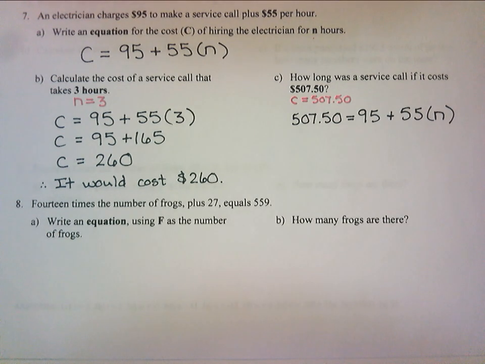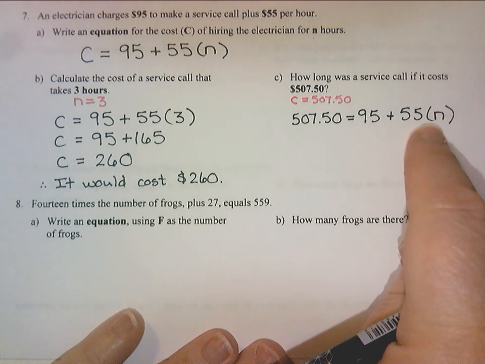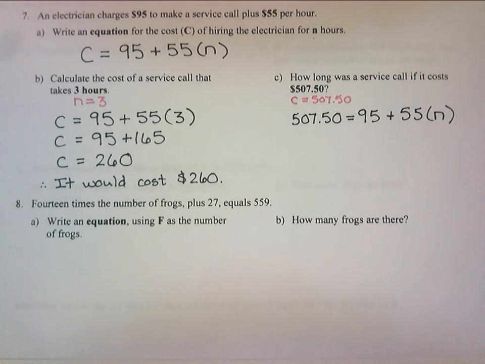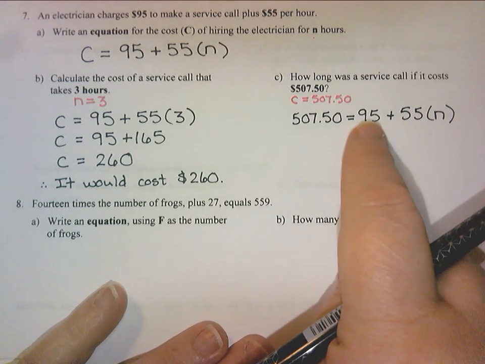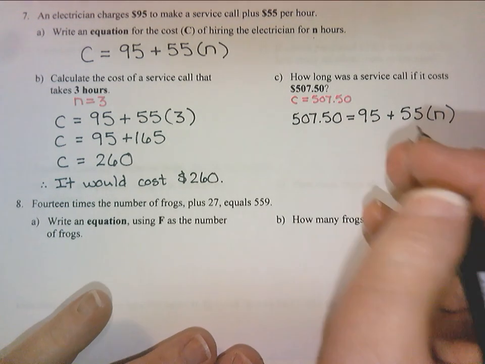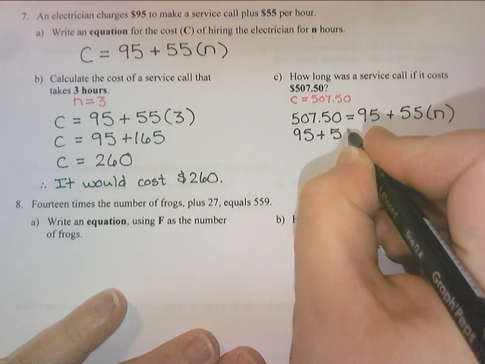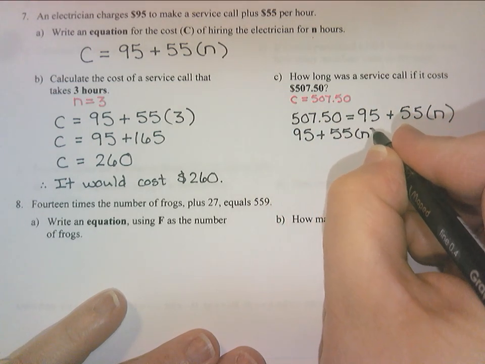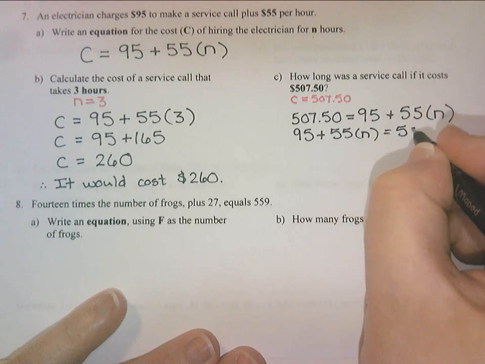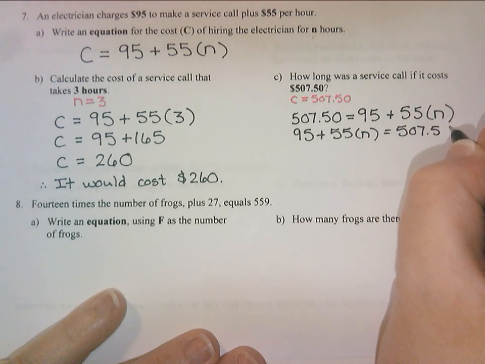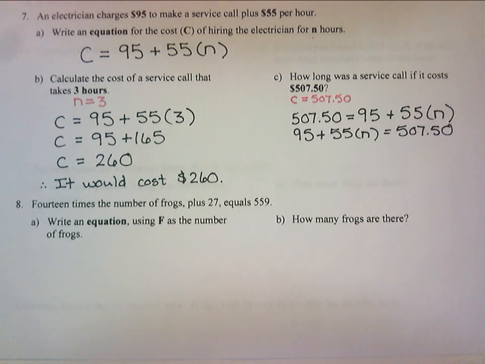Now, I don't like that the n is on this side. If you don't mind, that's fine. But I'm going to take the two sides and trade them. So I now have that 95 plus 55n equals $507.50.